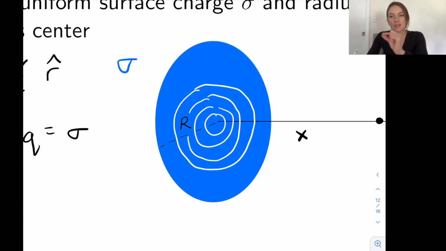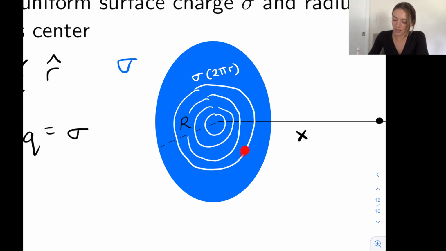And each infinitesimally thin ring has a total charge of sigma times 2 pi r. So whatever the radius of this little thin ring is, that's little r here, the total charge along this ring is sigma, the surface charge density, times the length of this ring, which is just the circumference, 2 pi r.